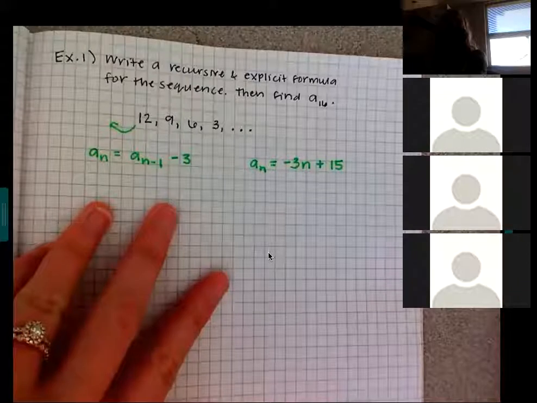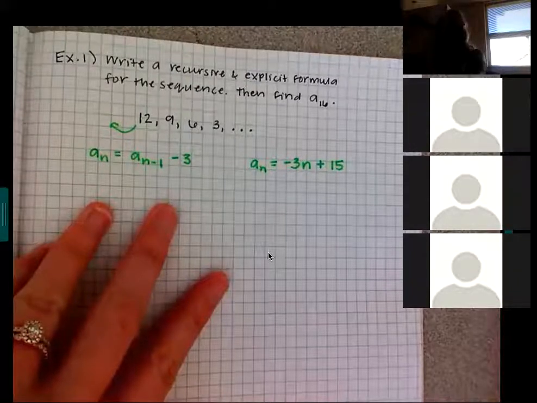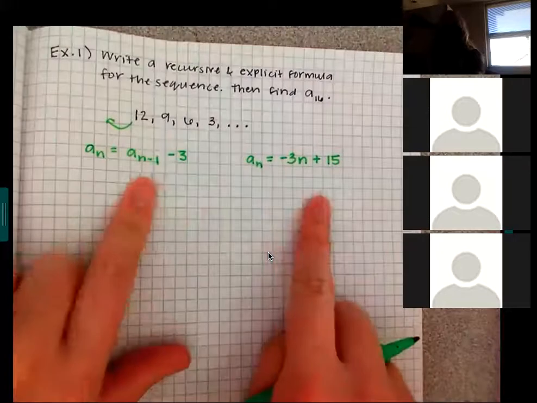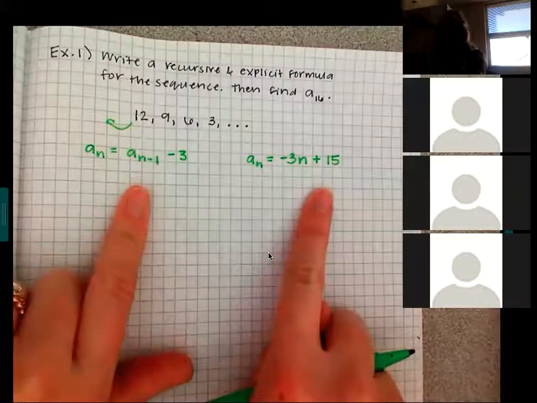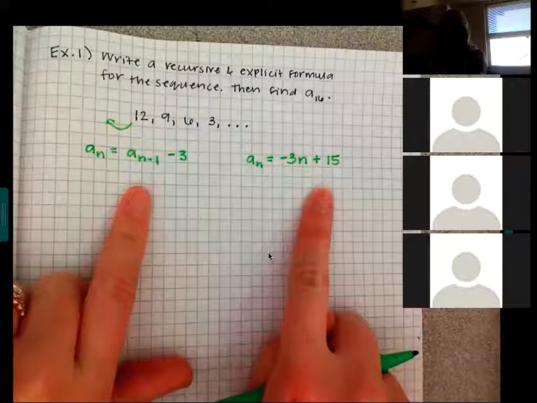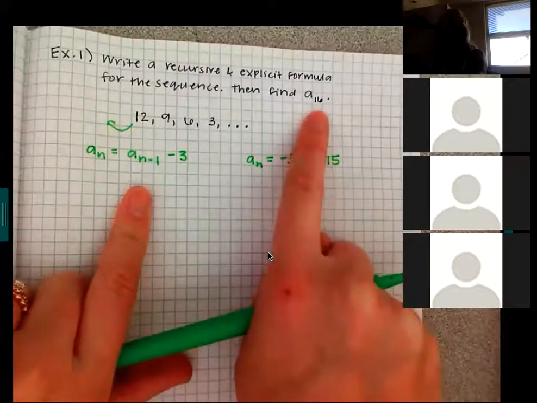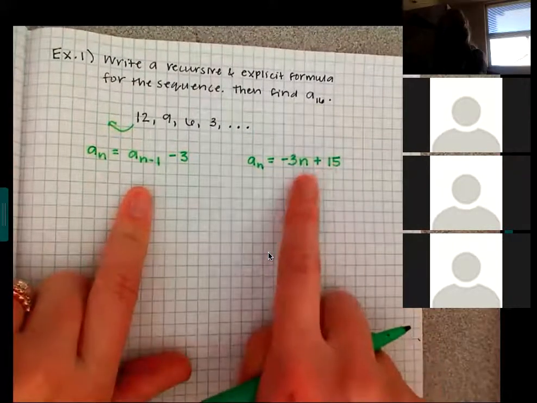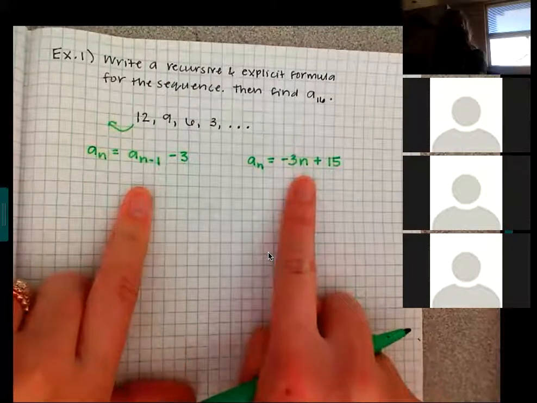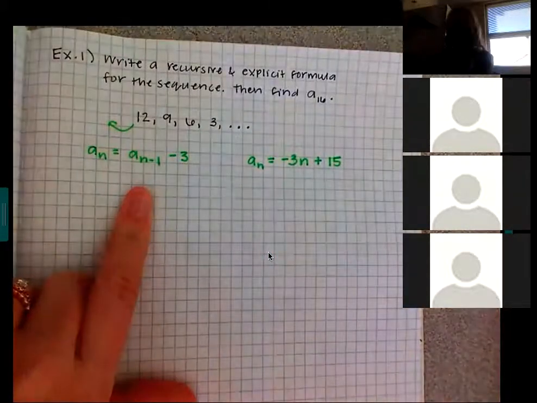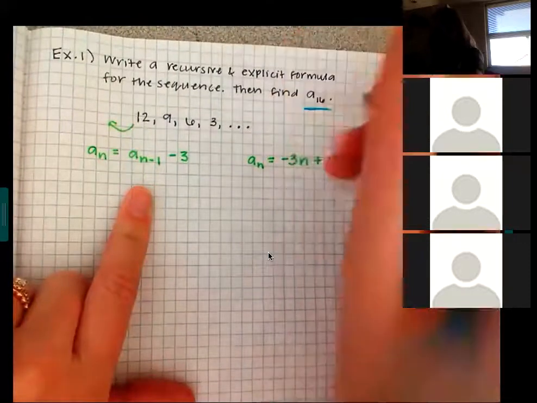Now, when I said find a sub 16, I want you to tell me what the 16th term would be. I don't care which one you use, but just a piece of advice: if you're trying to find a term bigger than 10, this one's going to be faster. Exactly, Ross. You just plug the 16 into the n.